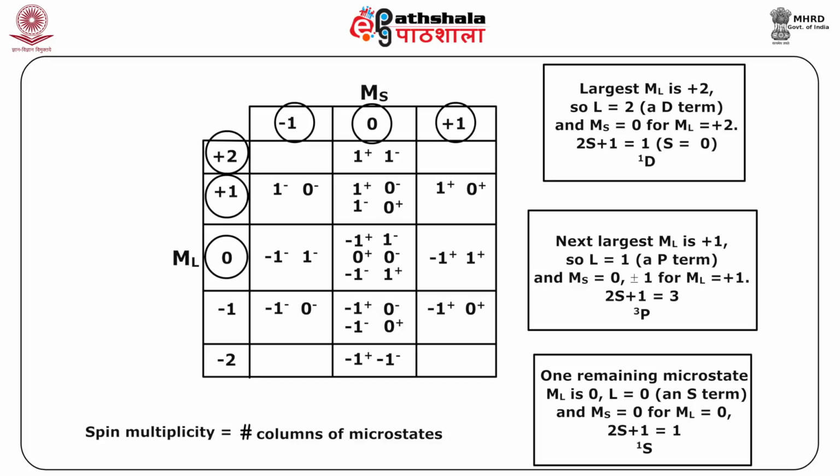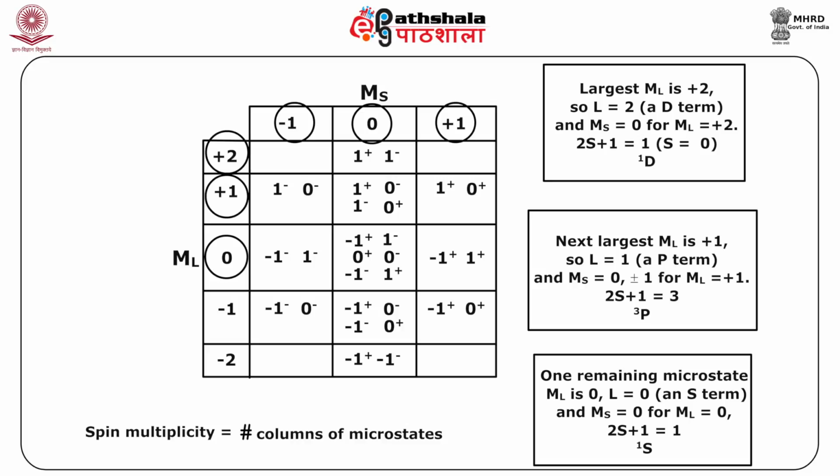The next largest term of ML is plus 1. So, the value of capital L is 1, corresponding to a capital P term. The value of MS is correspondingly 0 and plus or minus 1 for the ML value of plus 1.